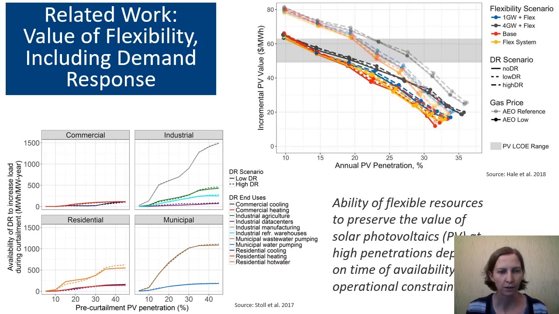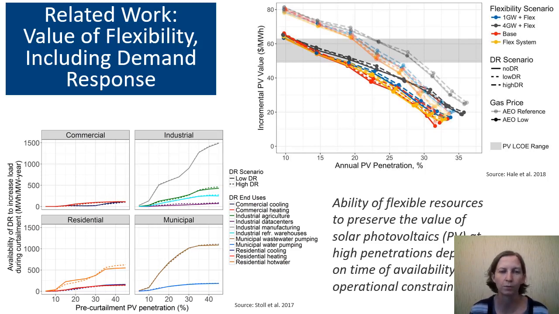Associated with that same study, we also found that flexibility from different end uses provides very different amounts of curtailment reduction. So for example, residential hot water, which is a key end use in all seasons, has some diurnal variability, but not as much as some other end uses.